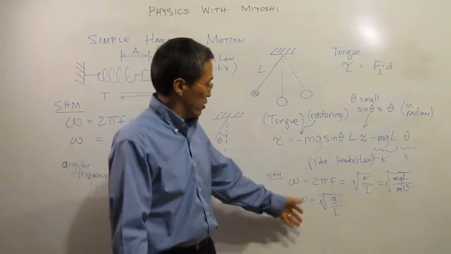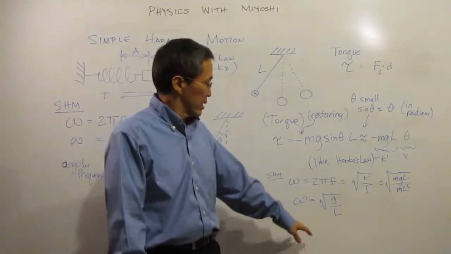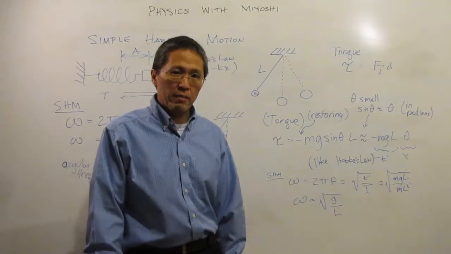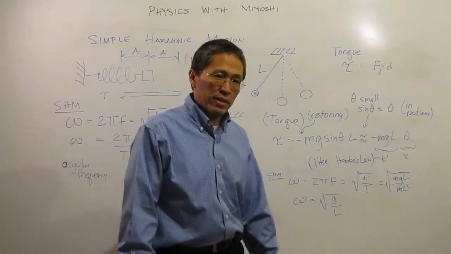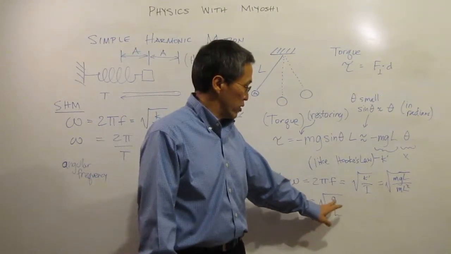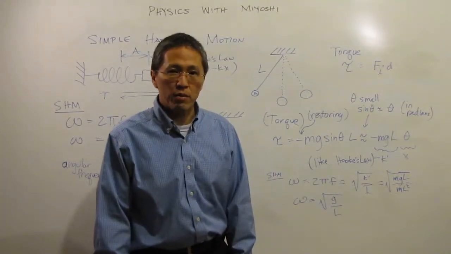The important thing to remember about a pendulum is that the angular frequency is not dependent on the mass. It's only dependent on the acceleration due to gravity and the length of your pendulum.